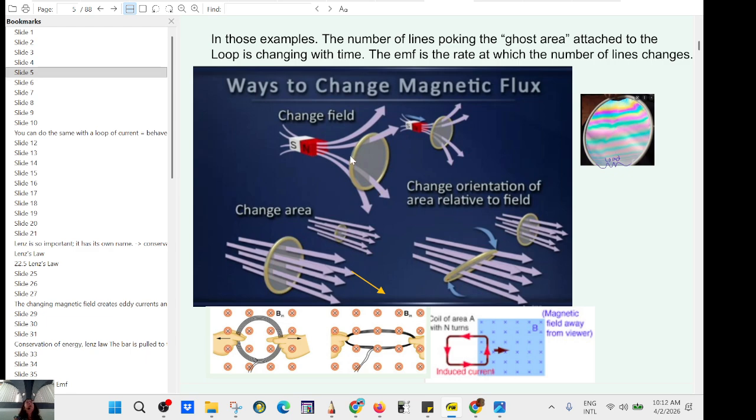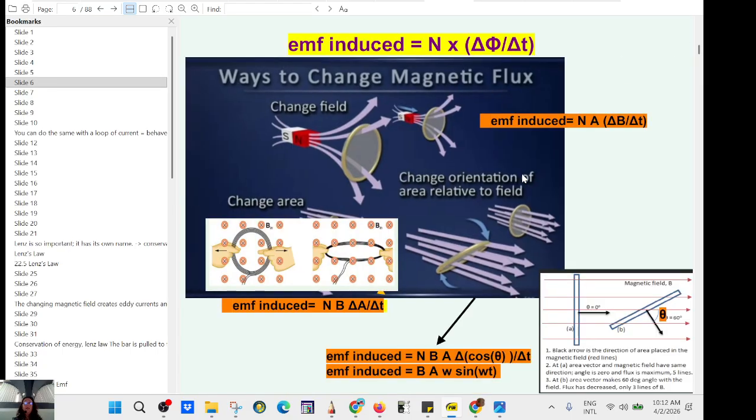What matters is how fast the number of field lines poking through will change. You can change the area, that will work. That will be the equation, and we'll get back to that.